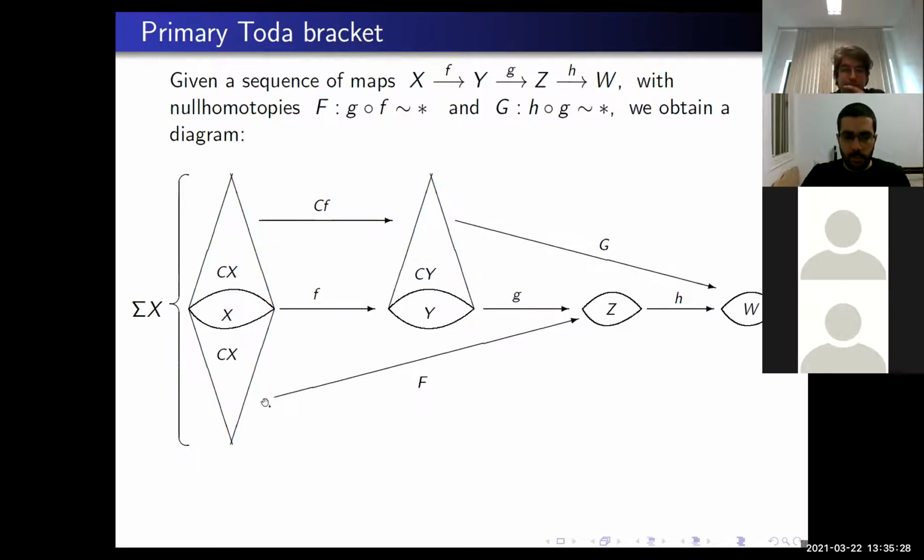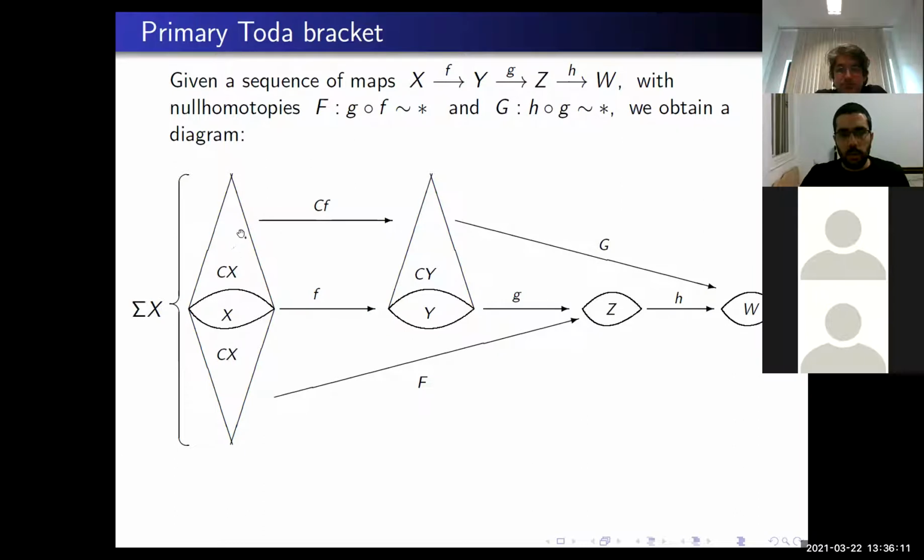We have this null homotopy F for the first composition, and we can compose with H and get a map from the cone of X to W. On the other hand, we can take the null homotopy for the composition GH and compose this with F, or with the cone of F, of course, because the domain here is the cone of Y, and get another map from the cone of X to W. So both maps coincide at X, where we have the same formula, FGH.